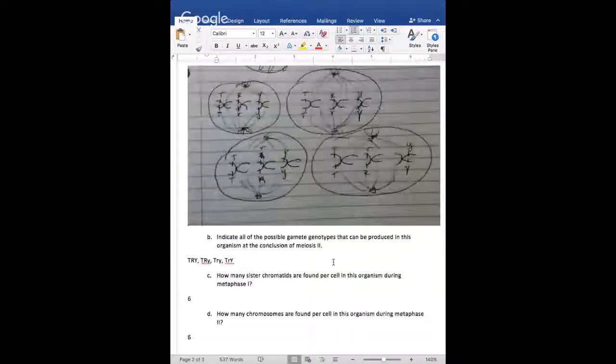The possible gamete genotypes that can be produced from this organism would be down here. I went through and wrote all these down and took out the ones that were duplicated.